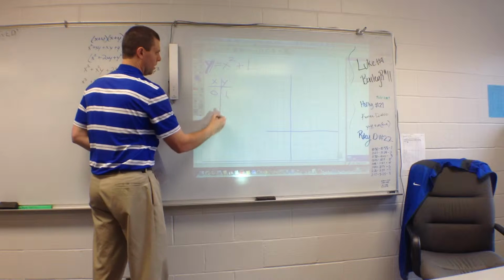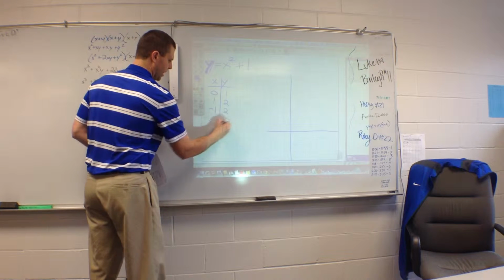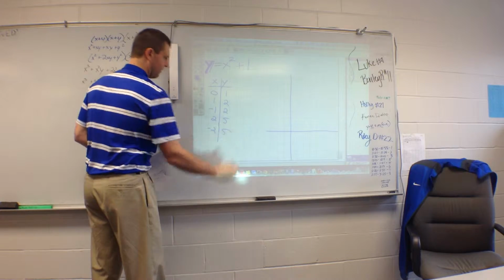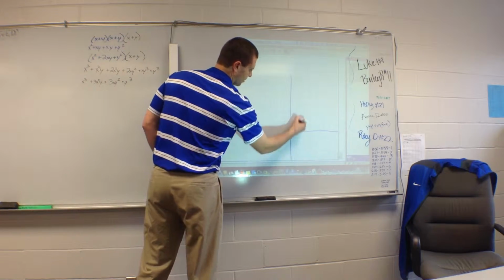So I heard 0, 1, 1, 2, negative 1, 2, 2, 5, negative 2, 5, which is going to end up looking just like you guys thought.